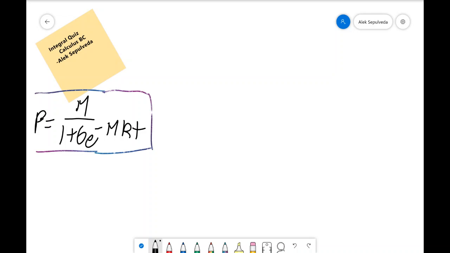So this is the integral quiz, problem 10. We are told that a population has an initial population, so P0 is equal to 1,000. We're told that the carrying capacity is equal to 10,000.